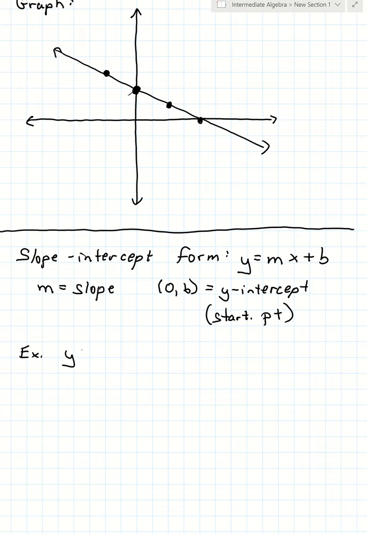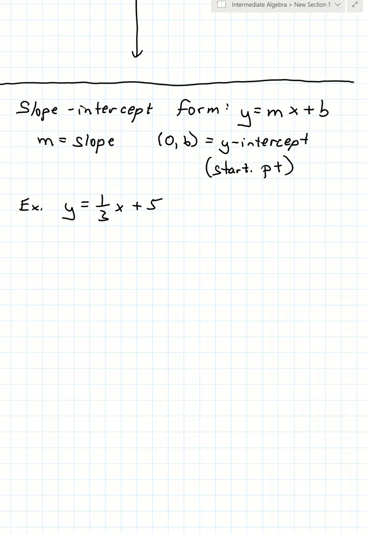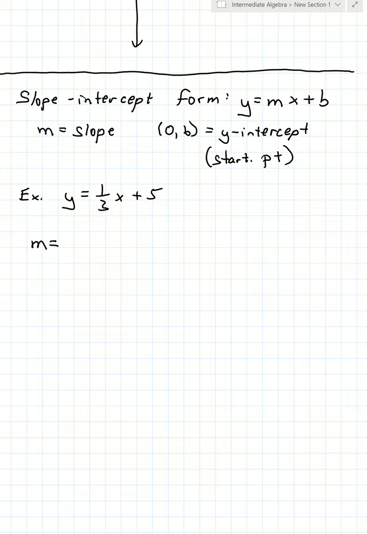For example, let's say we have y equals 1/3 x plus 5. We want to graph this. We want to be able to identify the 2 very important pieces of information. What are those pieces of information? We need the slope, as well as the y-intercept of 0, b.